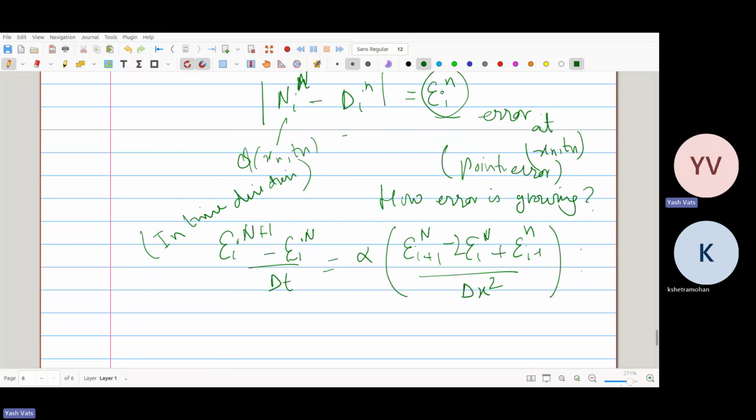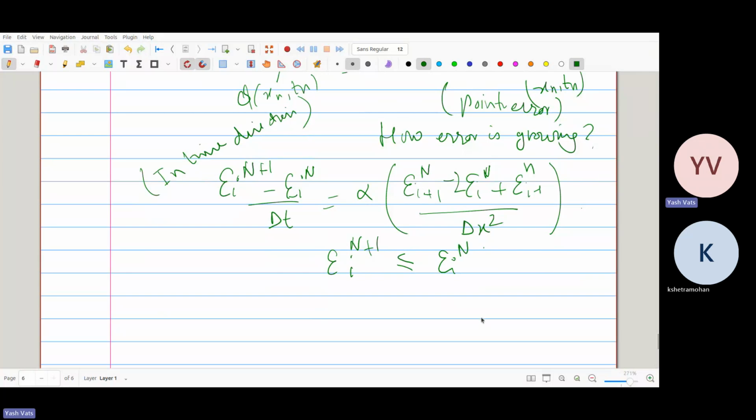Then for stability, you consider that your error at n plus 1 should be less than the error at n. This is very much needed for stability.